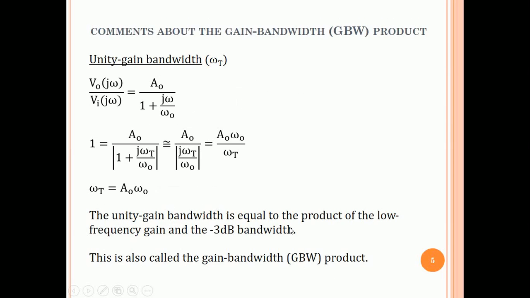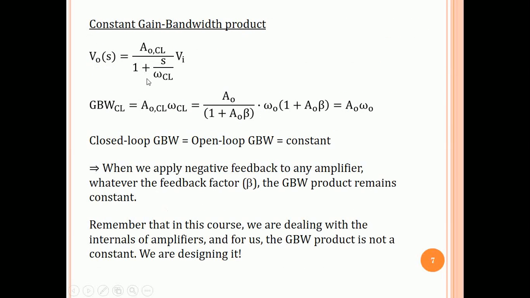So we say the gain bandwidth product of the closed loop transfer function is A0 CL into omega CL, and we substitute for A0 CL and omega CL, and 1 plus A0 beta cancels, and so we get the closed loop gain bandwidth product, which is this, equal to A0 omega 0, which is the open loop gain bandwidth product.